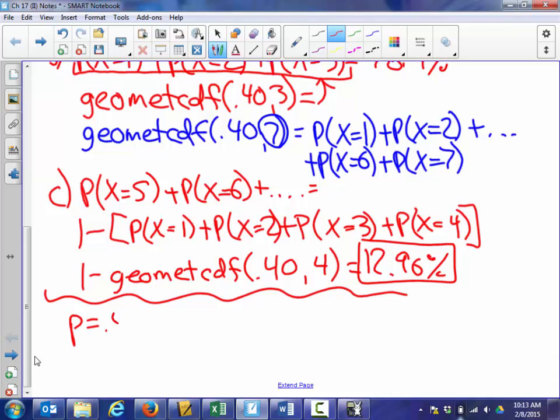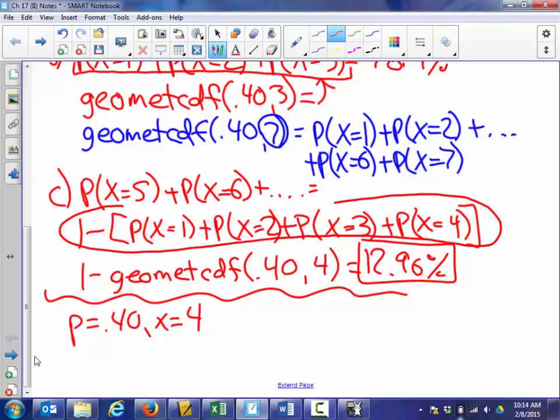You need to tell me the probability of success that you're using. In this case, it was 0.40. You need to tell me the x value you're using for your calculator. So for this last problem, we used x equals 4 when we were using the complement. Anytime you use some sort of an equation to simplify, I'm only circling the right side, but anytime you attack the problem indirectly, try to write something out for me that represents how you're solving the problem.